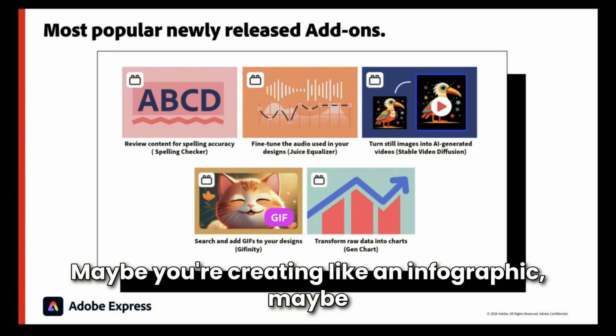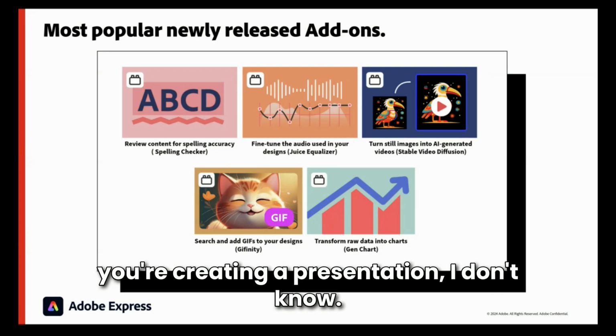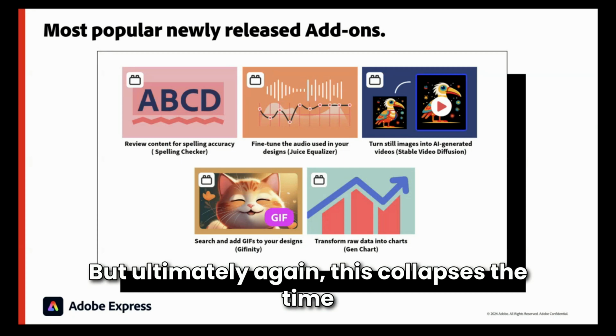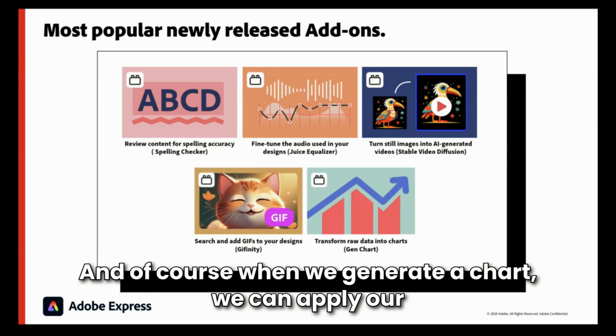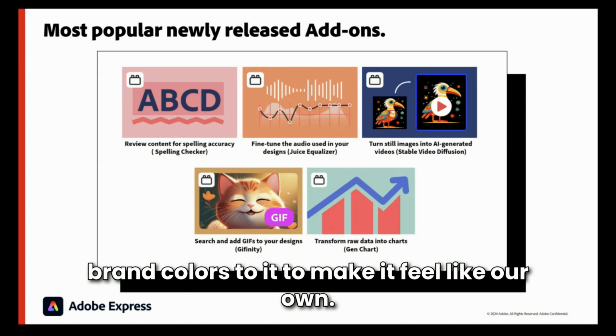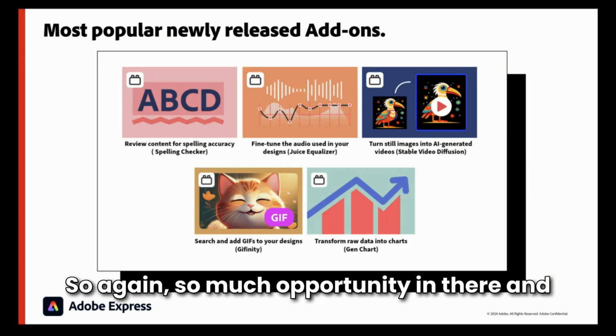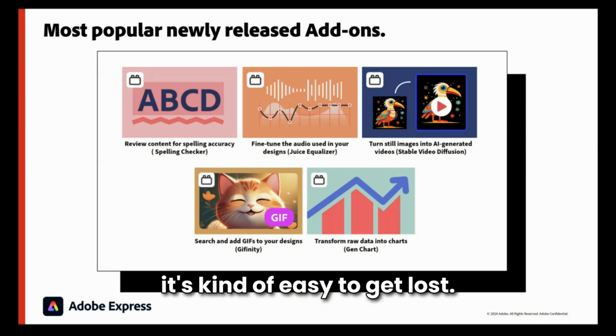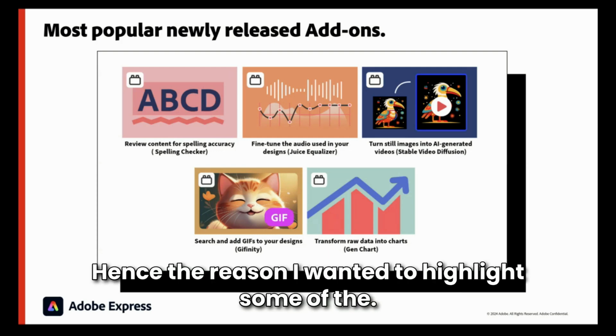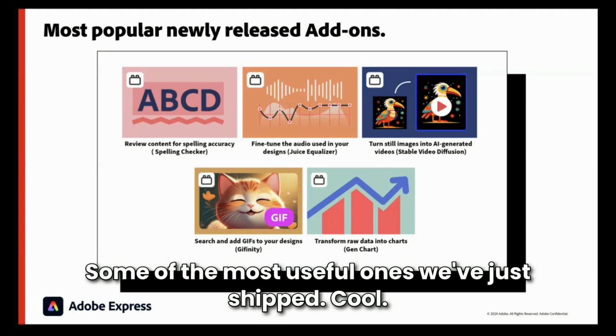Maybe you're creating an infographic, maybe you're creating a presentation. Ultimately, again, this collapses the time it takes to create creative assets. And of course, when we generate a chart, we can apply our brand colors to it to make it feel like our own. So again, so much opportunity in there, and it's kind of easy to get lost. Hence the reason I wanted to highlight some of the most useful ones we've just shipped.